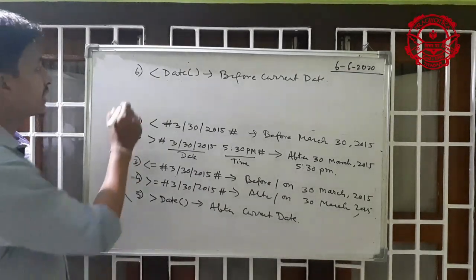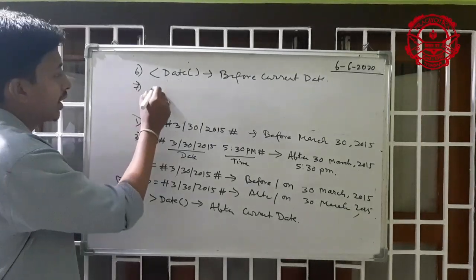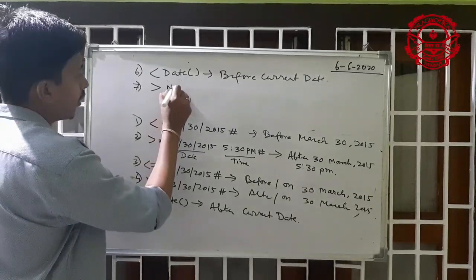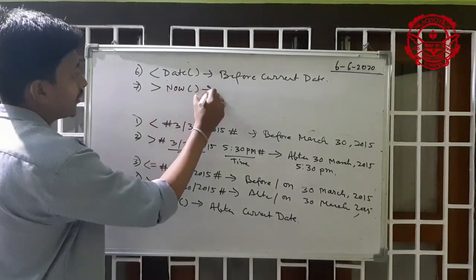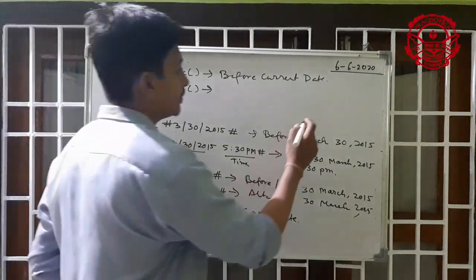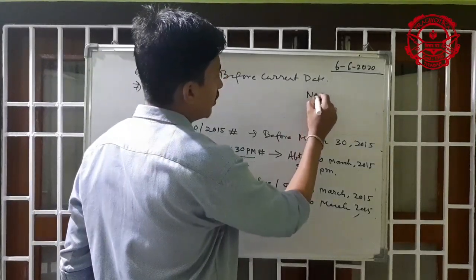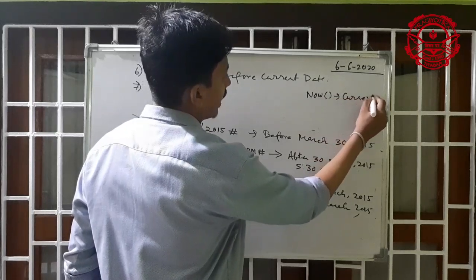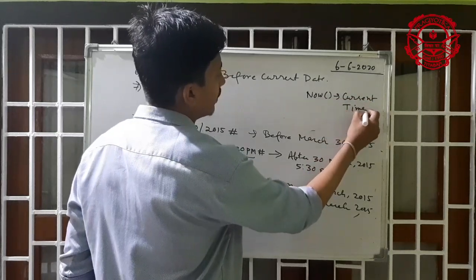Next is number 7, and now. N-O-W, Now. Now is also a function. It will give the current time. The Now function gives the current time.